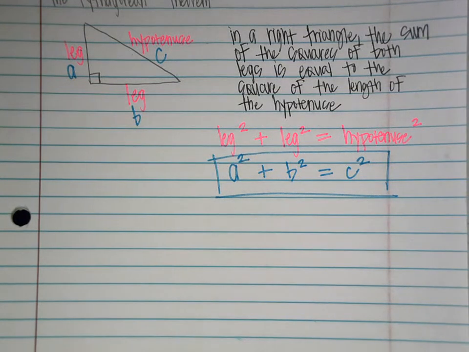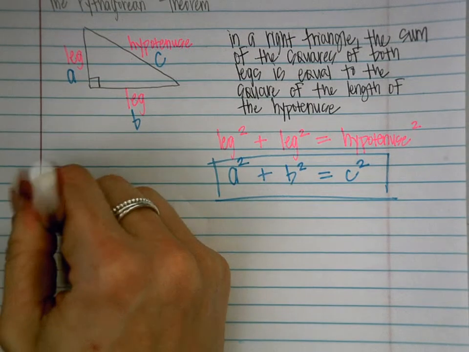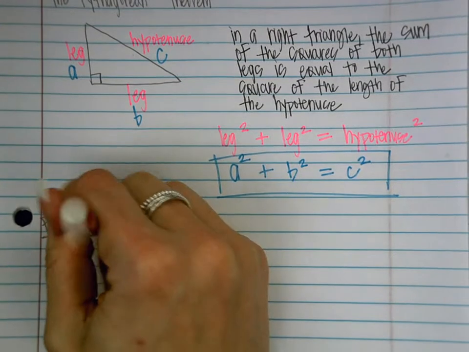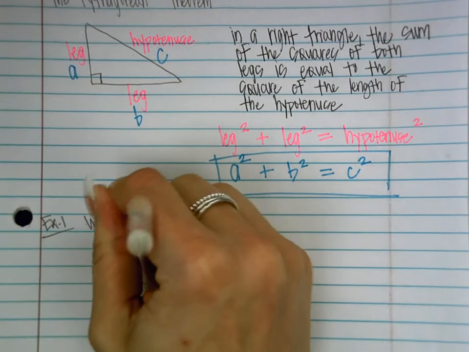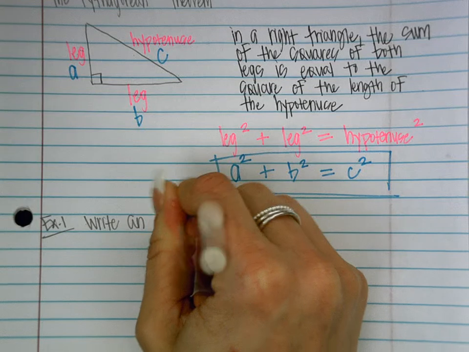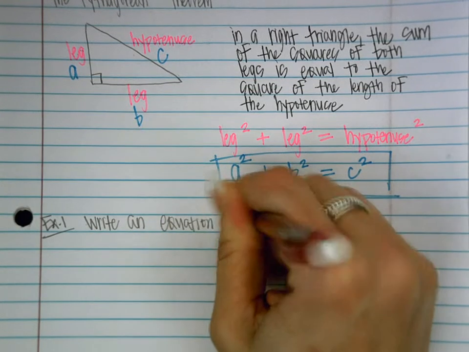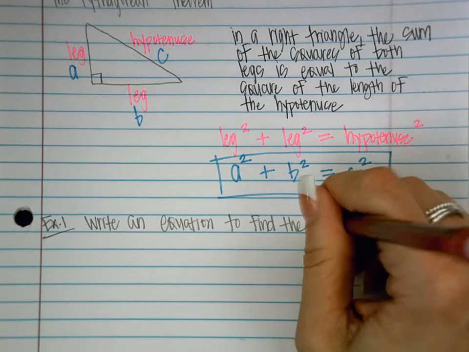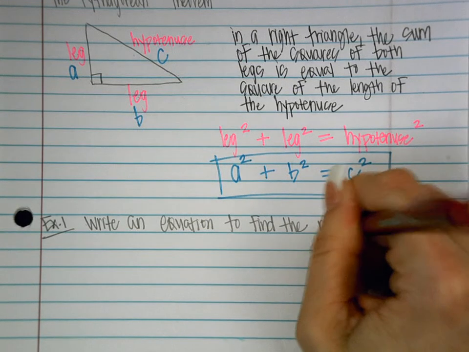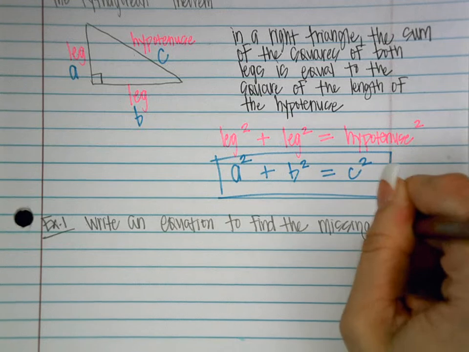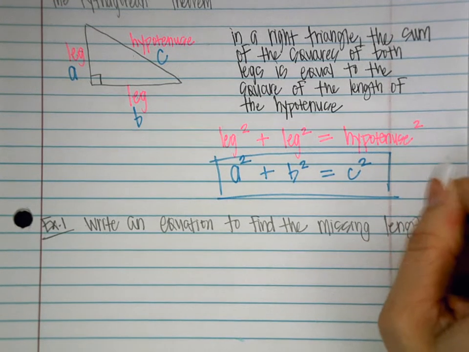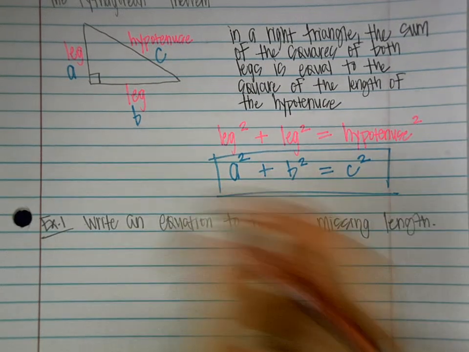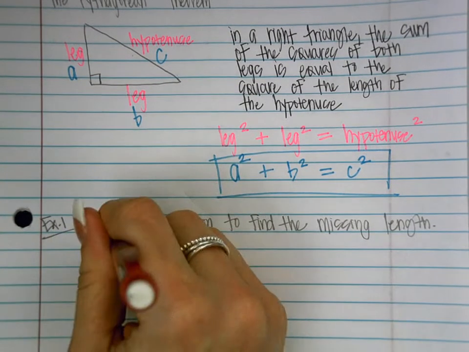Everybody caught up? Okay, so for example number 1, it's going to tell you to write an equation to find the missing length. The first one is a triangle.